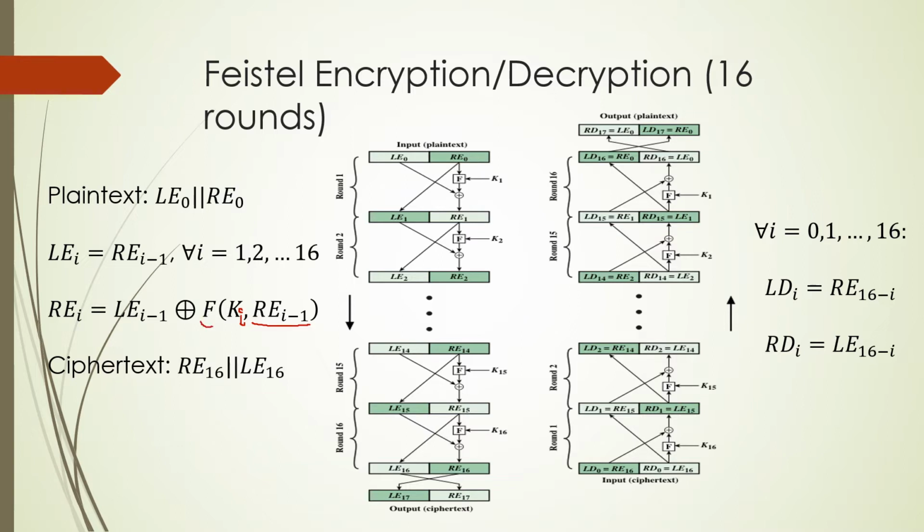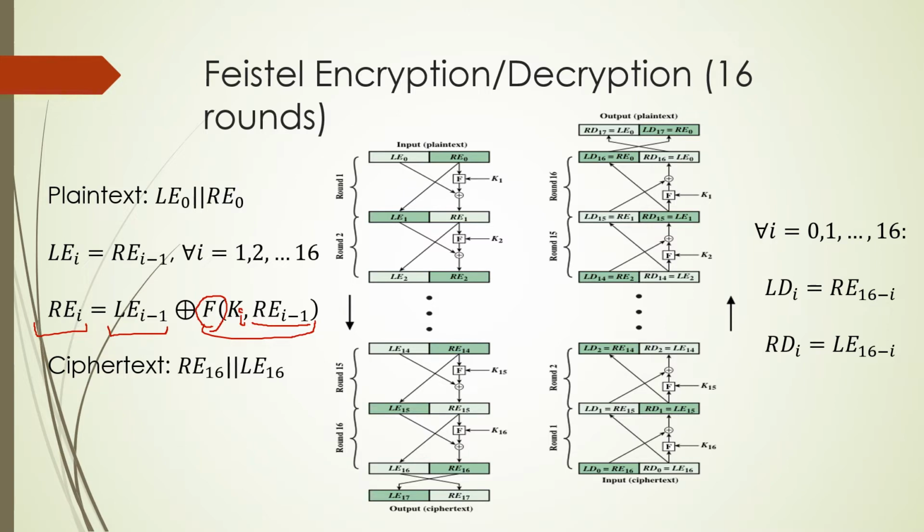And this function also is deterministic, which means if you know the formula, you can just plug in Ki and Ri minus 1 and get the return value of function f. And the return value of function f will be XORed with the left hand side of the input for the ith round to create the right hand side of the output for the ith round.